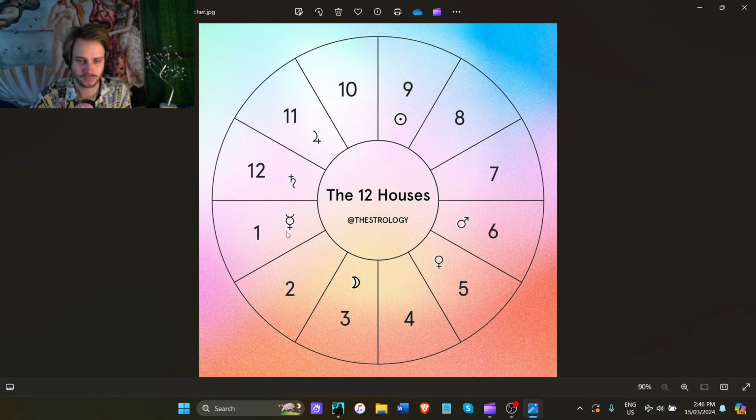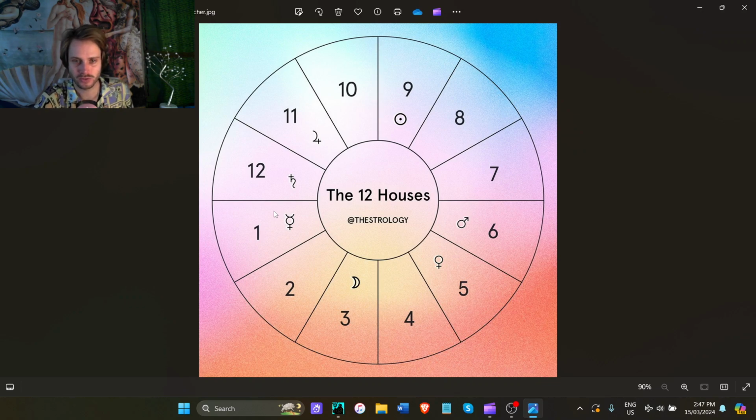So the first house is obviously where we begin. What the heck actually is the first house, right? We should keep in mind that the houses are real things because we observe their effects in astrology, right? But as far as this visualization is concerned, the houses are 100% theoretical.